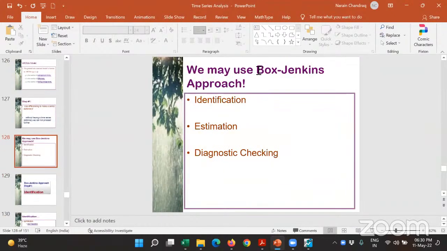Sir, I have a question about the correlogram. For the first lag, what will be the PAC? For lag 1, the PAC and AC will always be equal to 1 because there is no indirect effect. All the effect is a direct effect.